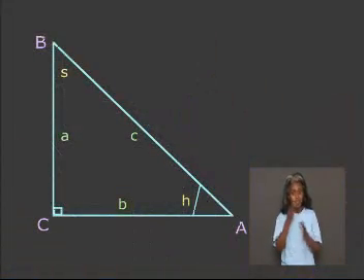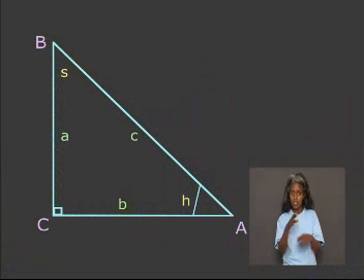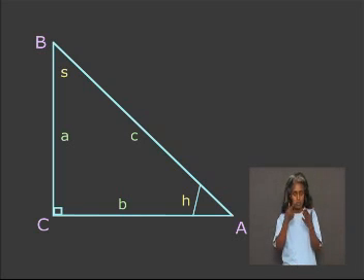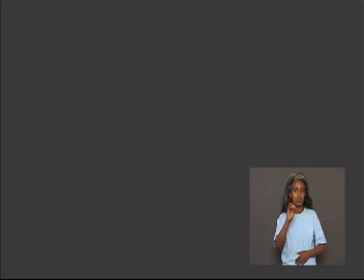If we look at the answers you found for angle H, we find that they are just as useful for angle S. S and H are what we call complementary angles, which means they add up to 90 degrees.